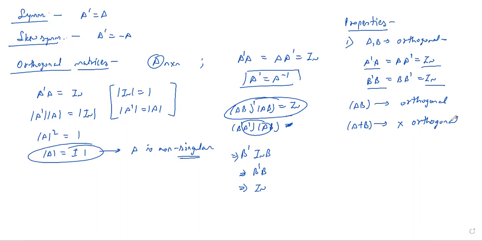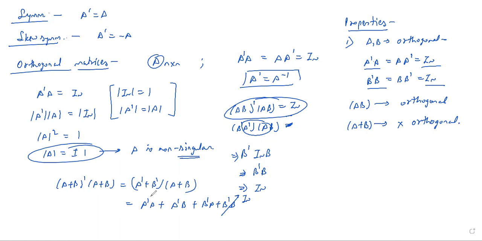You can check it like this: (A plus B) transpose (A plus B) equals (A transpose plus B transpose)(A plus B), which is A transpose A plus A transpose B plus B transpose A plus B transpose B. We know that B transpose B equals identity as B is orthogonal, and A transpose A equals identity as A is orthogonal, but we don't know anything about the cross terms, so it is not equal to identity. So the sum A plus B of these two matrices is not an orthogonal matrix.